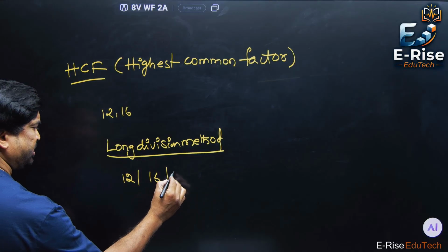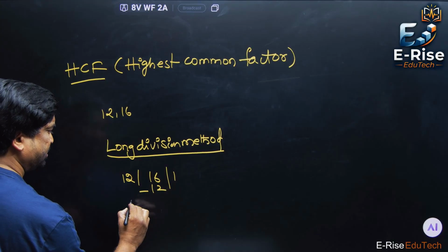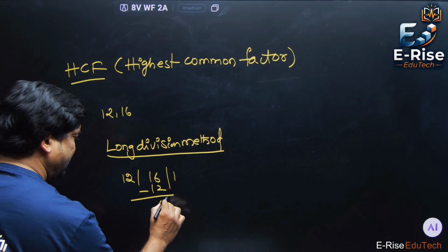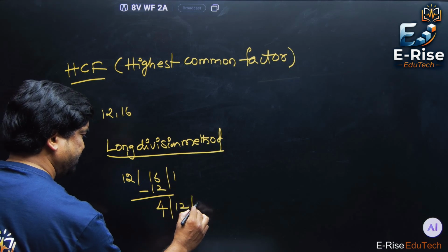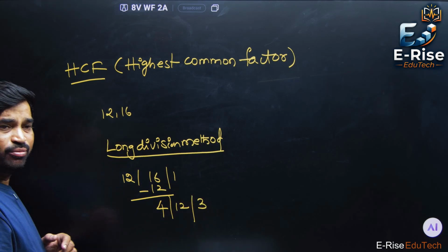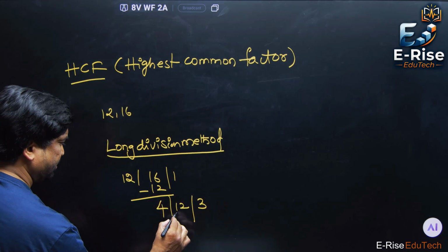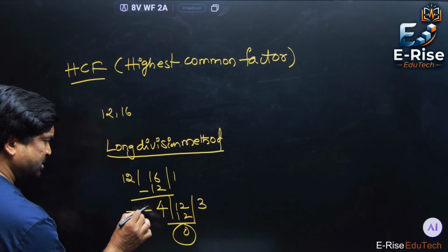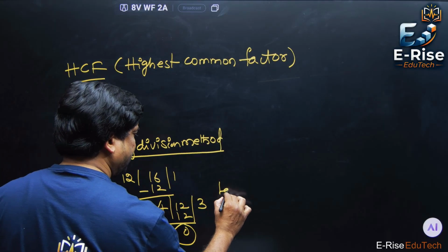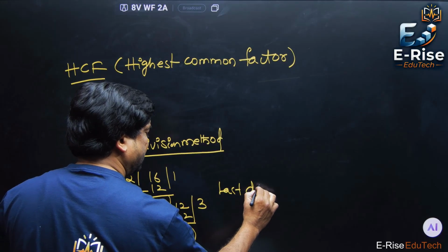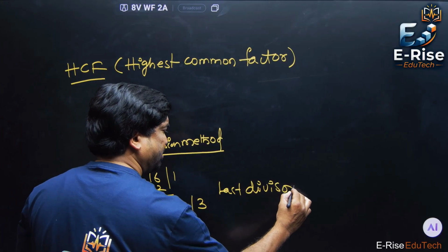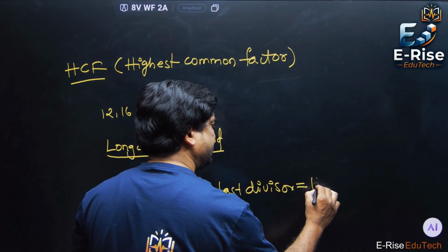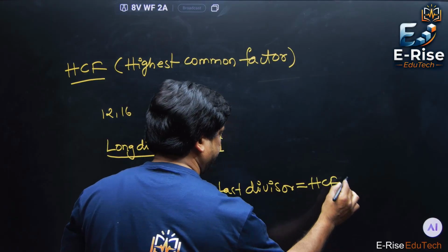Here 12, here 16. 12 goes into 16 one time only, then subtract, we get 4. Here 12 is the divisor; in the next step it becomes the dividend. 3 times 4 is 12, we get 0. So the last divisor is equal to the HCF of the given numbers.